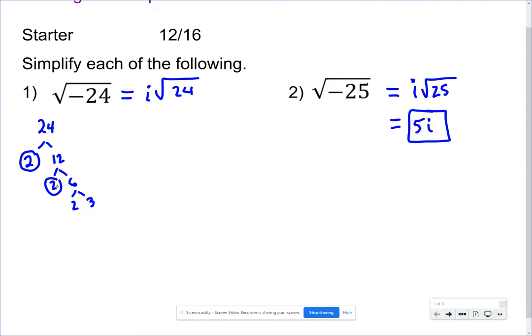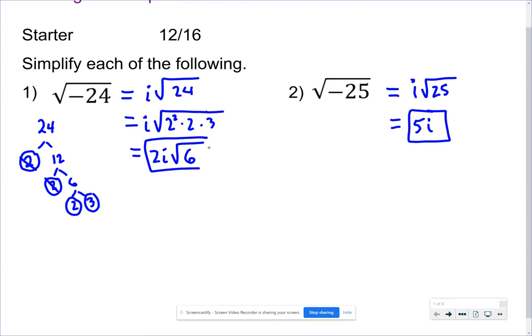I'm going to circle up all of my prime factors, and I'm going to pair up my primes. So I have a 2 squared. That takes care of those two right there. I have another 2, and I have a 3. So the square root of 2 squared is 2, and the 2 times 3 is going to multiply back together as a 6. That's this 2 and 3 right there. And we have our answer.